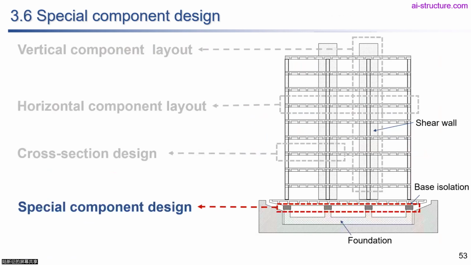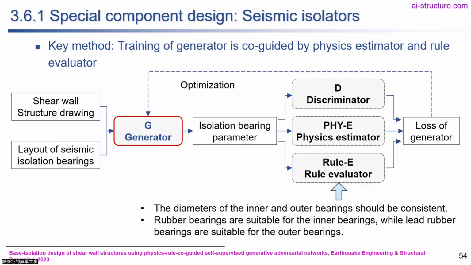And then we can also do it for some special components, like the isolator at the bottom of a building. In many countries like Japan or China, because of strong earthquakes, they put isolators at the bottom of the structure to protect it against earthquakes. How to design the isolators is also challenging, and we propose an algorithm to do that.